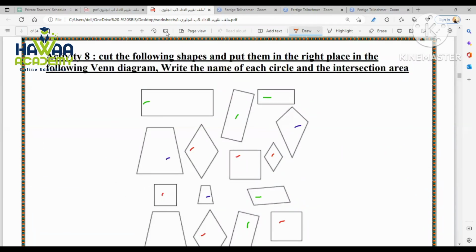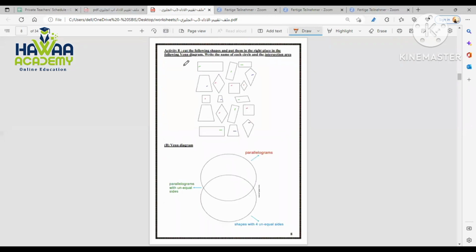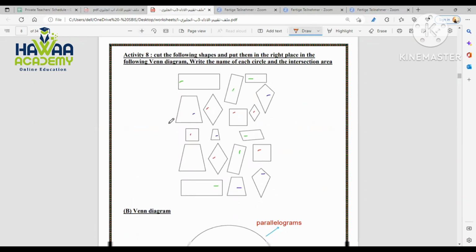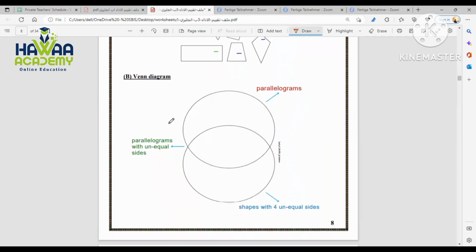Oh, this question is so good. Let's see. We need to cut the following shapes to put them in the right place in the Venn diagram. Write the name of each circle and the intersection area. Okay, in that question, I have rectangles, squares, trapezoids, rhombuses, and a lot of things. I can separate them by parallelograms and shapes with four not the same sides, like the rectangle.